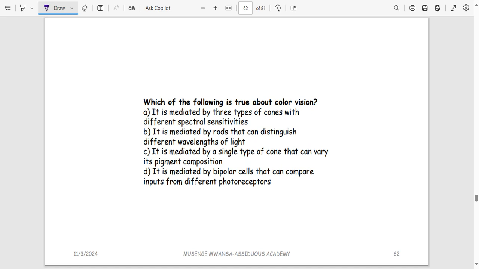Which of the following is true about color vision? Mediated by three types of cones with different spectral sensitivities. It's mediated by rods that can distinguish different wavelengths of light. It's mediated by a single type of cone that can vary its pigment composition. It's mediated by bipolar cells that can compare inputs from different photoreceptors. Option A. So remember, we've got three types of cones.